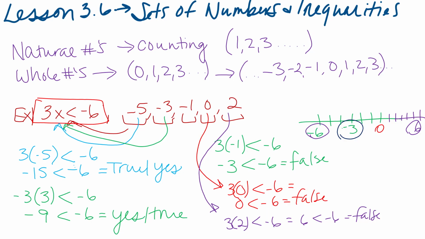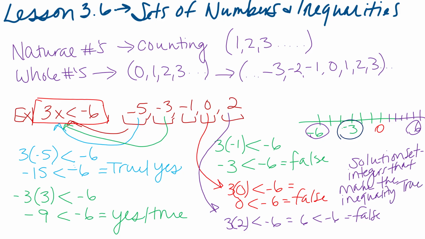The question asks us which numbers are members of the solution set. A solution set consists of the integers that make the inequality true. Okay, so a solution set are integers that make the inequality true.